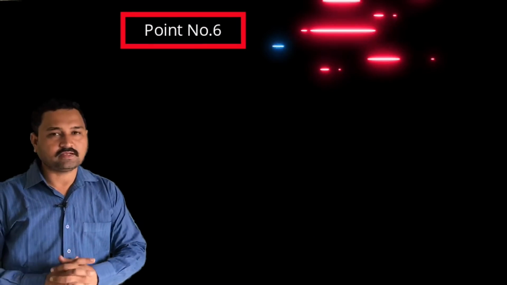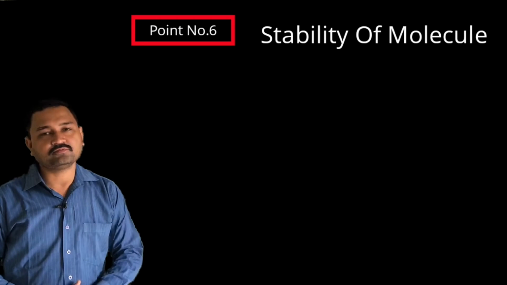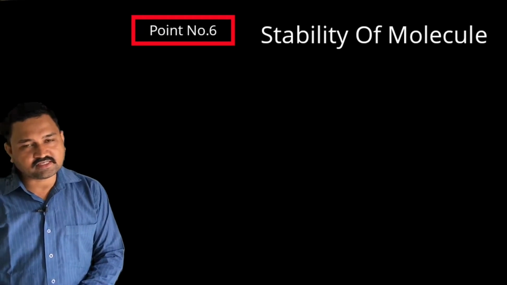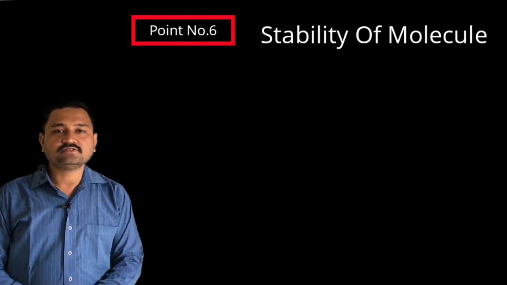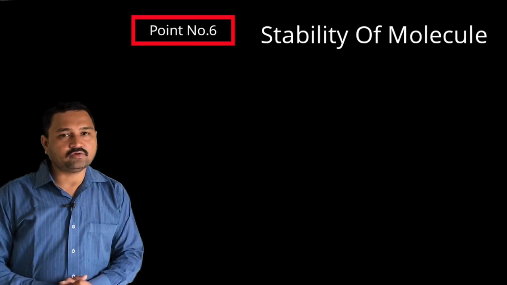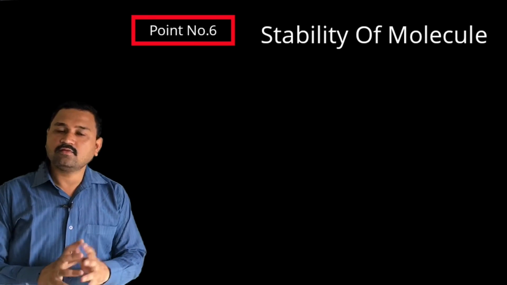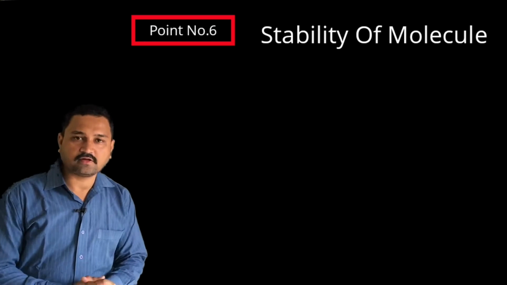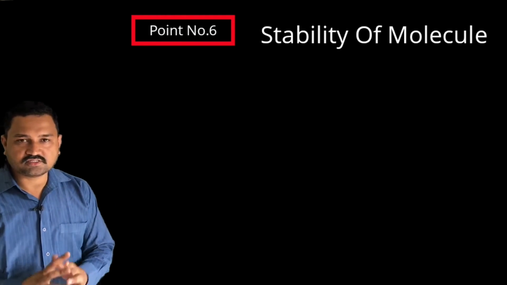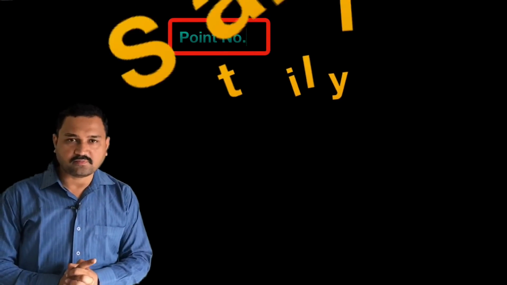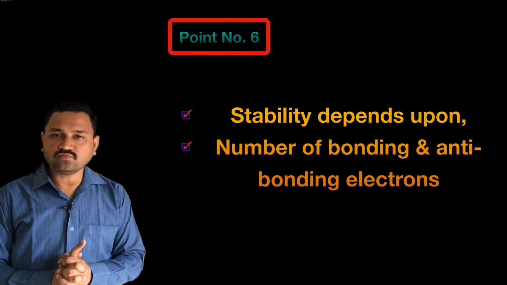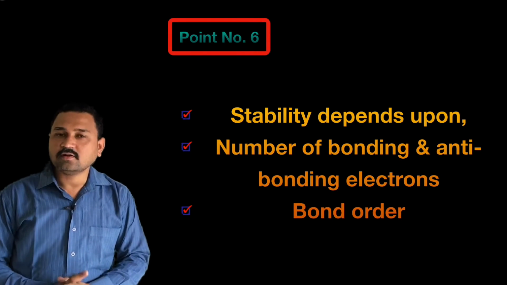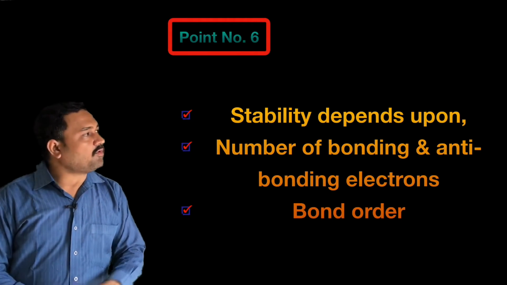And now the last point, that is the stability of the diberyllium molecule. At the start we already saw the question, that generally the diberyllium molecule is unstable. Why? We will find the answer to this question in this point. We know that the stability of a molecule depends upon two important factors. The first factor is the number of bonding electrons and anti-bonding electrons, and the second factor is the bond order.